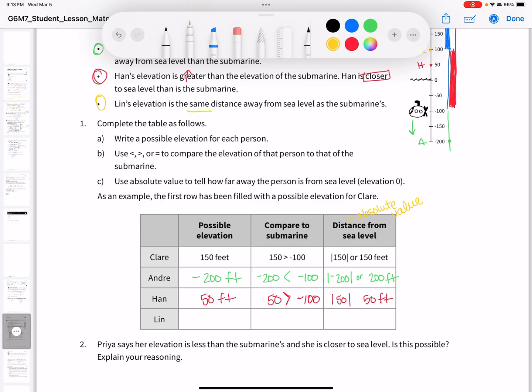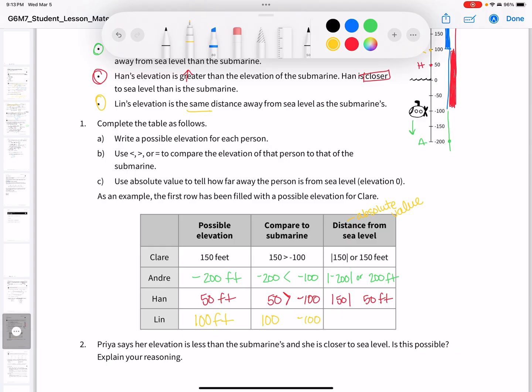Lin is 100 feet in elevation. So compared to the submarine, 100 feet is greater than, less than, or equal to? This is kind of weird, right? Because it's an opposite, but does that make it equal to? It really doesn't.